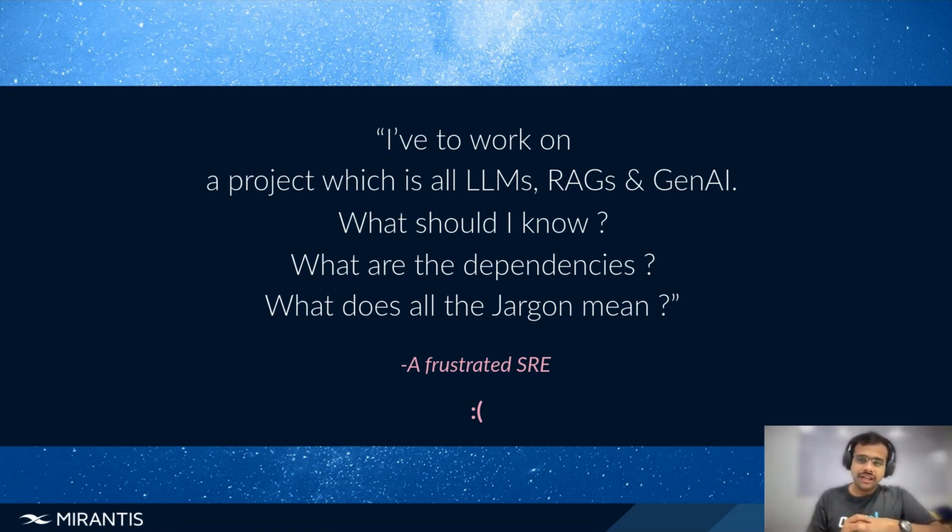Everybody's talking about, hey, this X billion parameter model does things well. Something is a chain of thought model. And then you realize, what does all that jargon mean? I am an SRE. I worry about reliability. I worry about keeping the systems running. And all this sounds really alien to us.